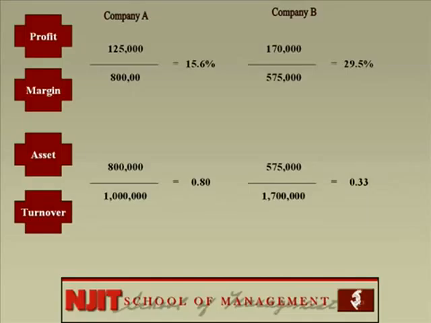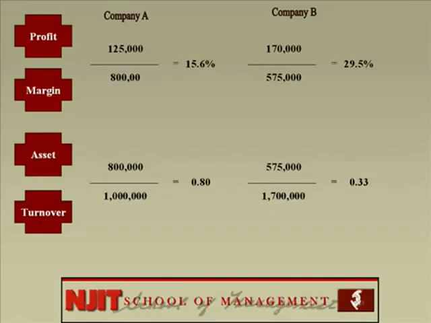This means for B, every dollar of asset generates 33 cents of sales. Who's using assets more effectively? Obviously, A is. So A is doing a better job using assets. B is doing a better job controlling costs.